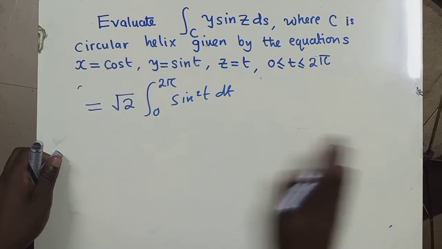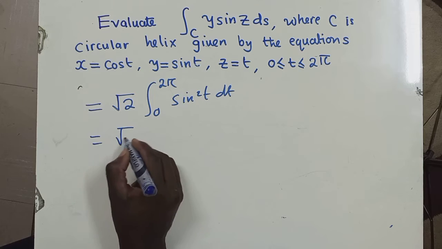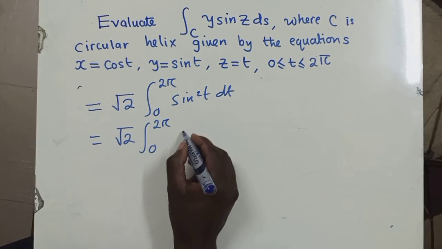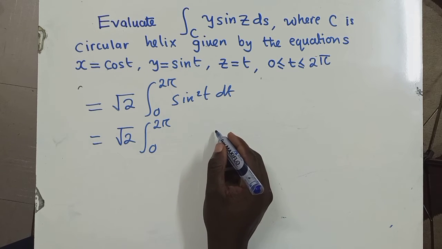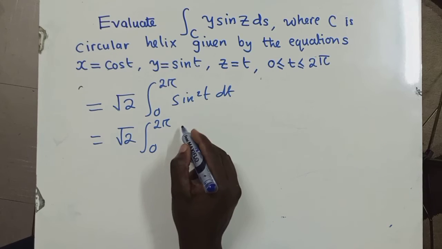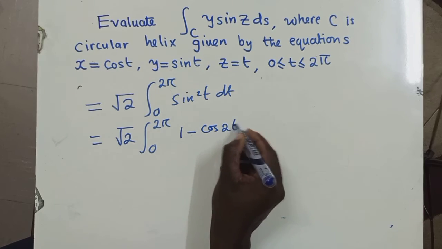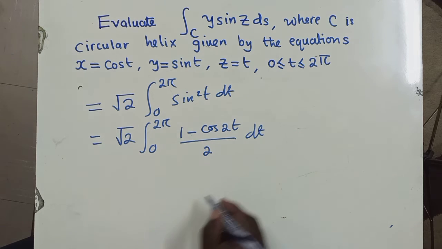So this is what we are integrating right here. Here we need to use the trig identity. If we use the trig identity, what is here will just be 1 minus cos 2t over 2, then we say dt.